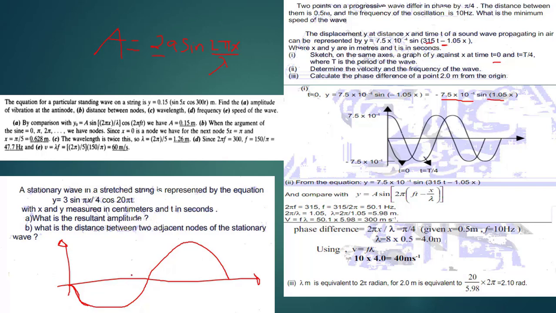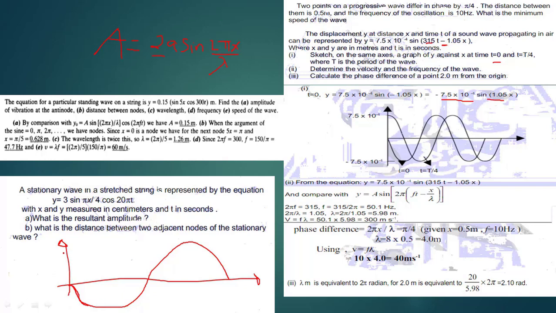Half of the half motion is a quarter. This point where we have the amplitude, the distance is wavelength over 4 or period over 4, whichever way you call it. It means that t equals period over 4 starts with the maximum, the point where there is maximum amplitude.